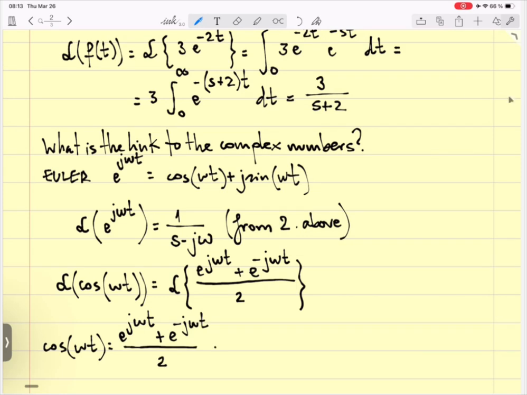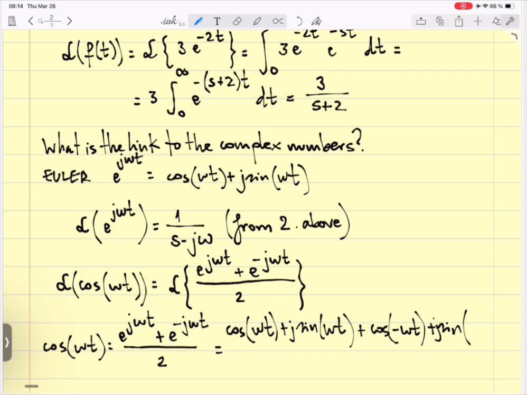Well, this is simple. If we apply Euler here, the first one is cosine omega t plus j sine omega t, and the second one is cosine of minus omega t plus j sine of minus omega t, divided by 2.